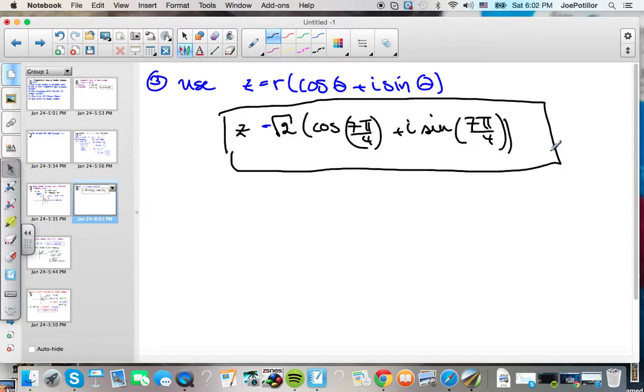Now, if I found out what these values were, I could go backwards. To go backwards, I would simply take that square root of 2 and distribute it.